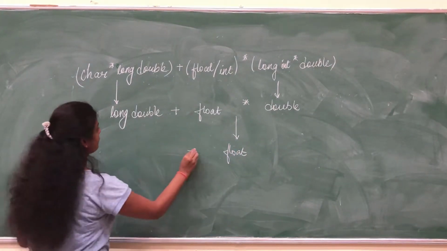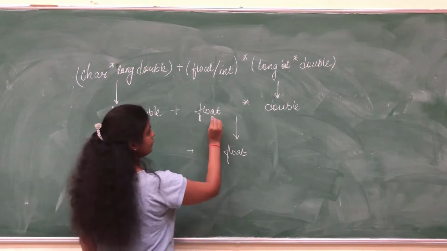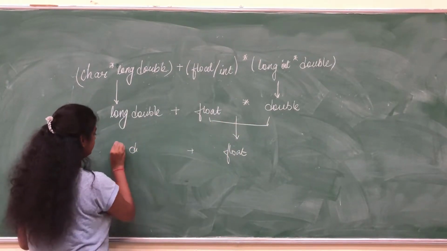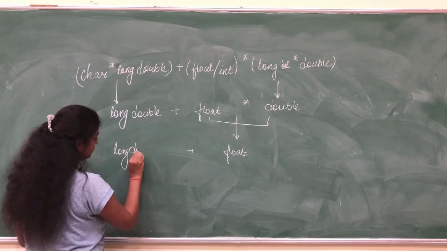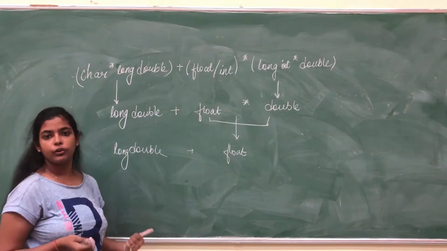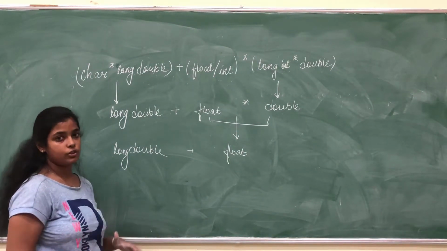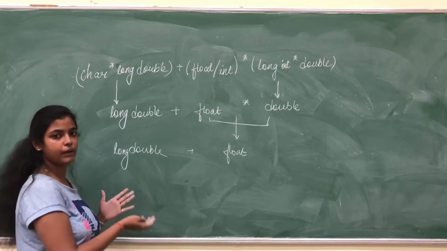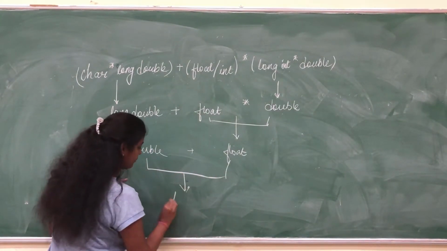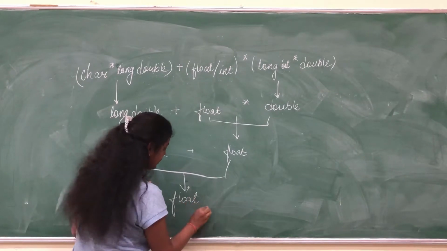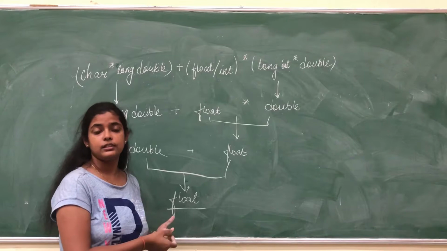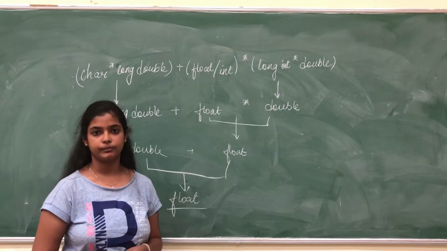This operation we have done first. Now from long double and float, long double is the greater data type, which comes higher in the priority list. So our output will be in long double data type. That's how the priority list comes into existence, and that's how it works.